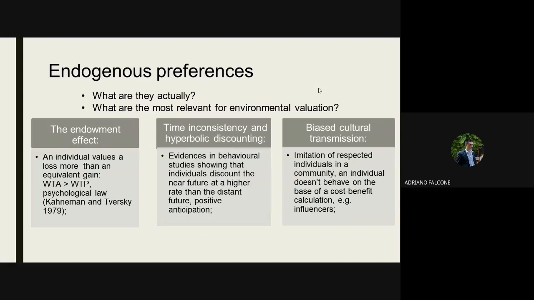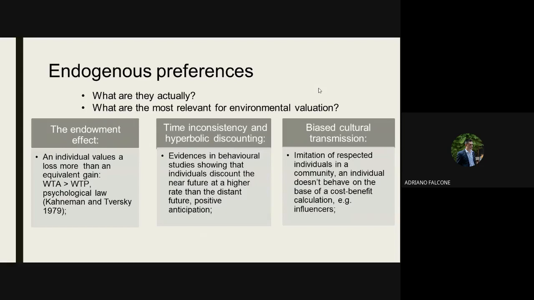The second one is the time inconsistencies and hyperbolic discounting, that is against the standard assumption. And it is based on the evidence in behavioral studies that show how individuals discount the near future at a higher rate than the distant future. And this is considered as a positive anticipation.